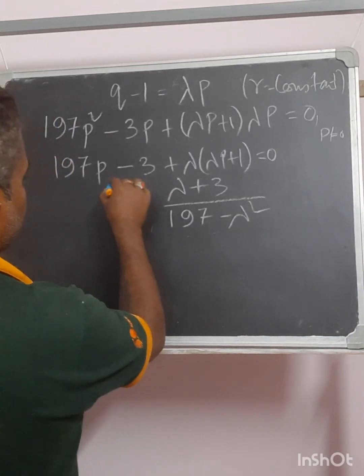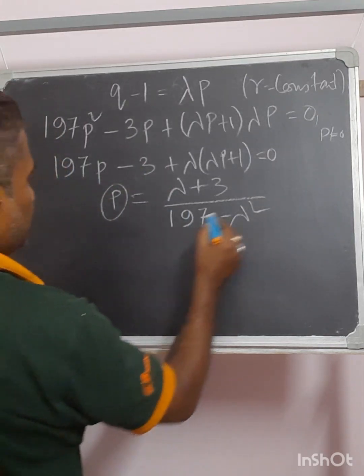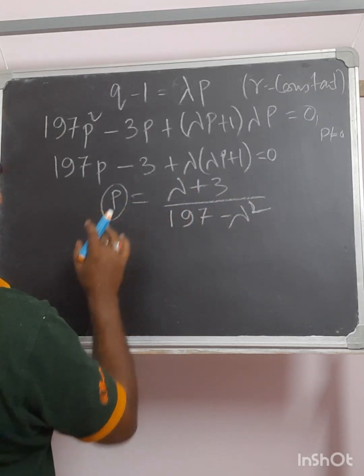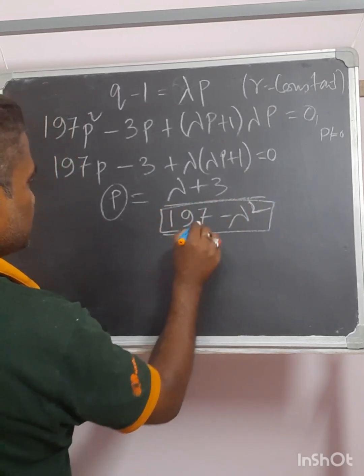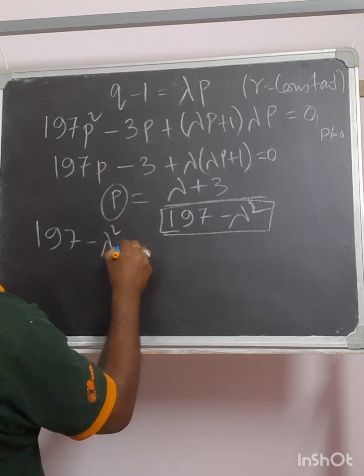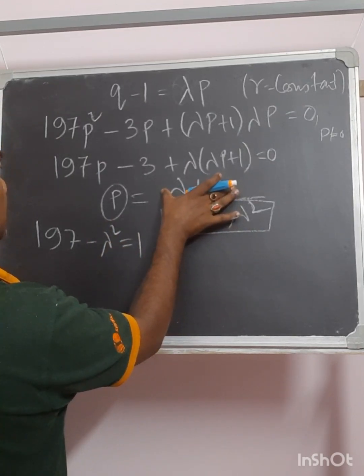Now as P is prime, we ask for which value of lambda P would be prime. If I take the denominator 197 minus lambda square equal to 1, then it is something divided by 1, the number itself.